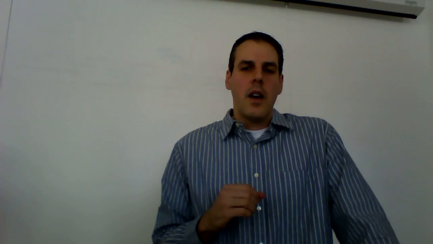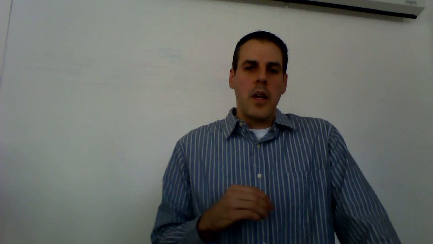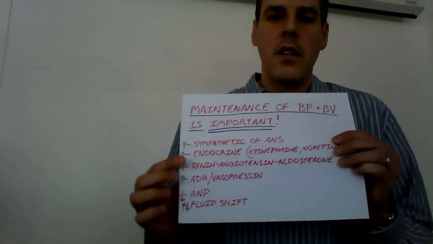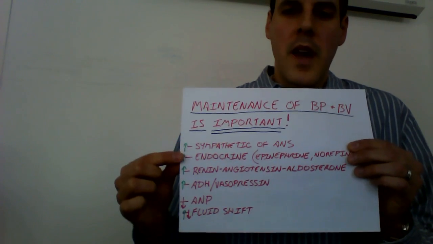And so people with hypertension a lot of times are on a combination of therapies. For example, they could be on something like a beta blocker. Beta blockers block the beta adrenergic receptor, which is basically blocking epinephrine, norepinephrine. So you can block that.